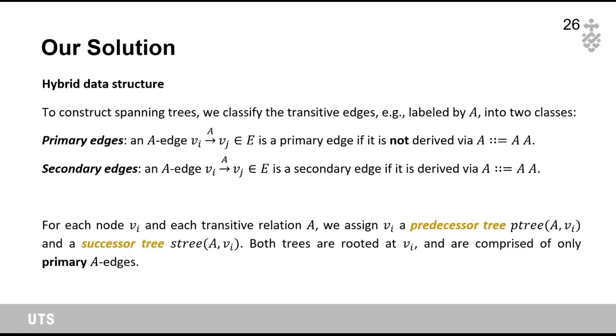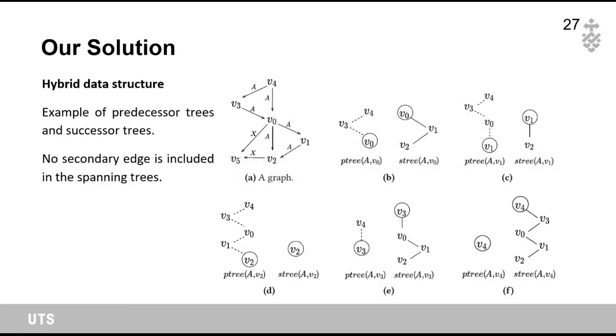For each node vi and each transitive relation A, we assign vi a predecessor tree, P tree A vi, and a successor tree, S tree A vi. Both trees are rooted at vi and are comprised of only primary A edges.